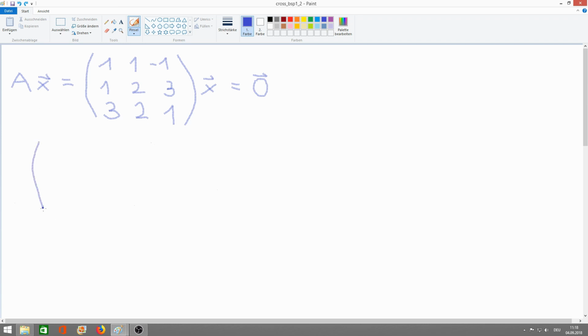So the first row 1, 1, minus 1, and the second row 1, 2, 3, and we want to calculate the cross product of these two rows.